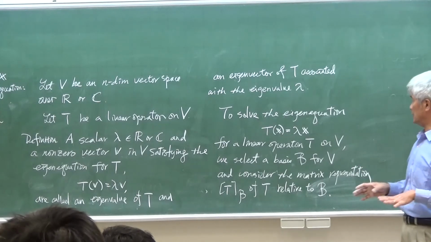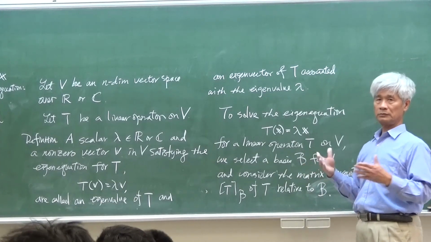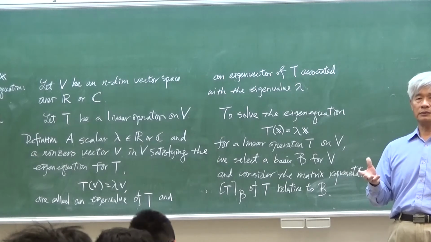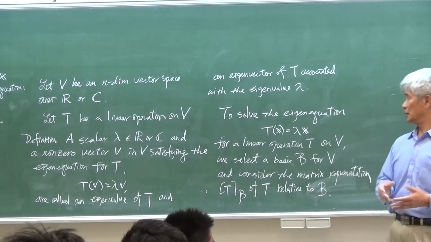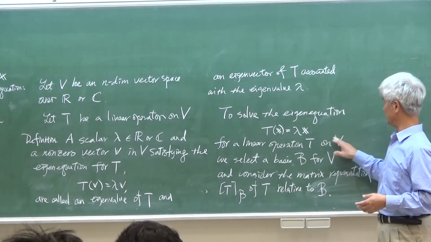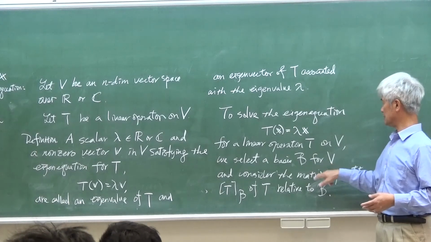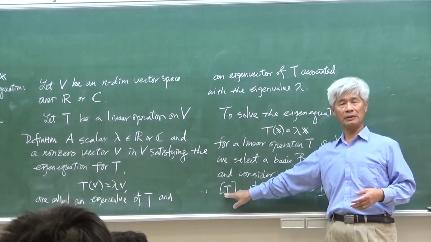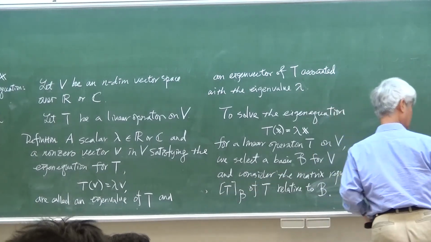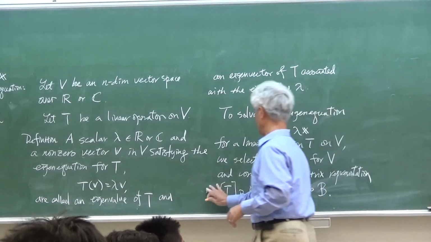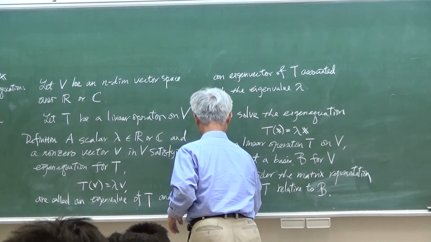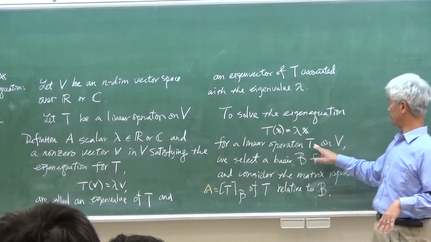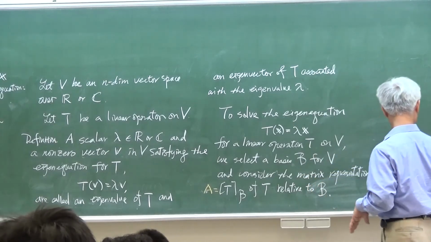The way is to select a basis, whatever basis is convenient for you, for the vector space V, and consider the matrix representation of T relative to that basis. So this is a matrix, and we call it A. A is the matrix representation of the linear operator relative to the basis.